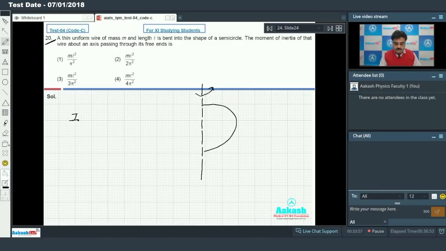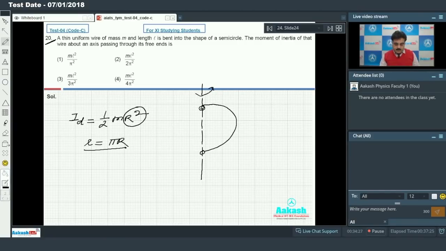With respect to the diameter, because when you connect these two points, we get the moment of inertia about the diameter, and in the case of a ring, that is mr square. The formula will not change. But there is a problem: I had no idea about the radius. But as per the situation, length is equal to pi r, because the length of the wire is L and it is bent in the form of a semicircle.